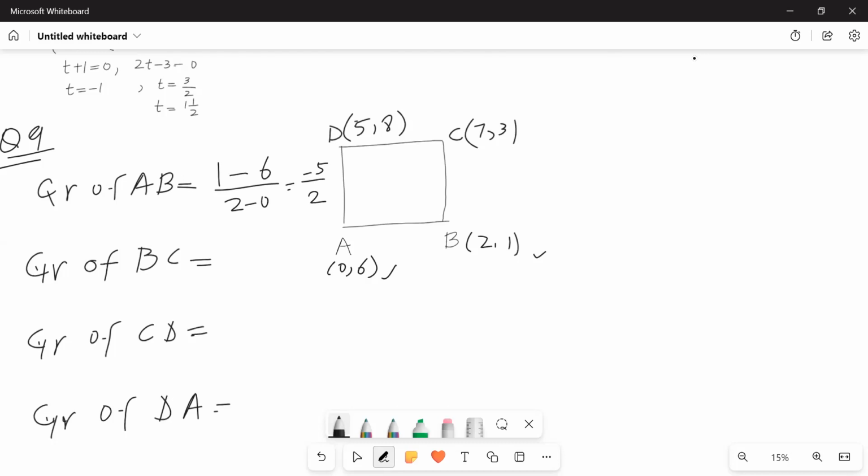For BC, yes, Rumisa. 3 minus 1 over 7 minus 2. So it will be 2 over 5, right?